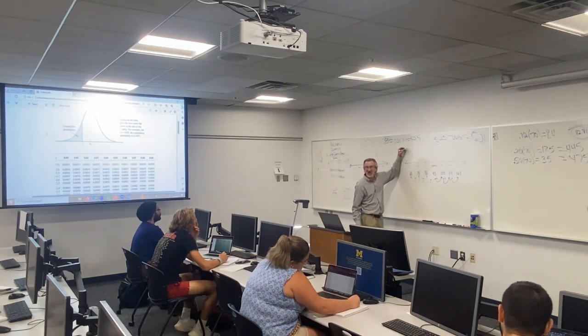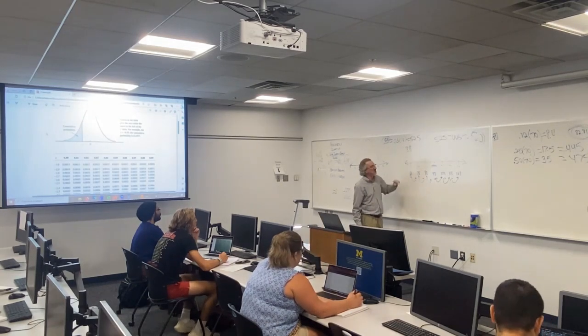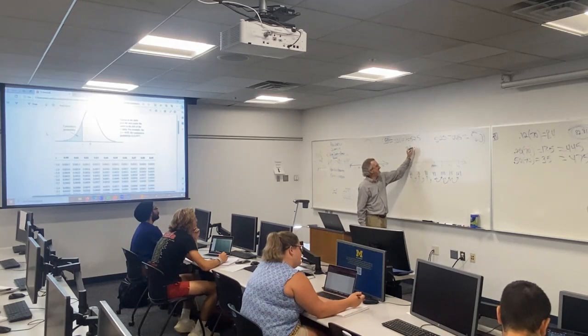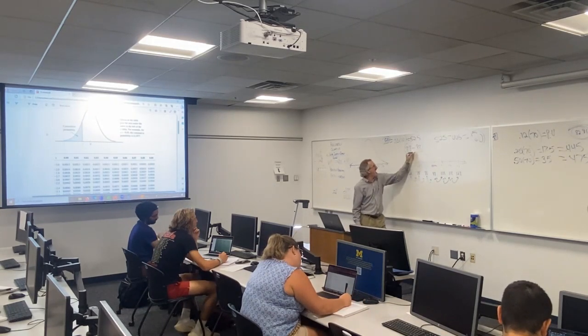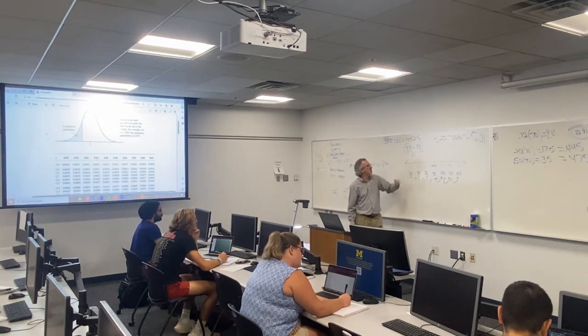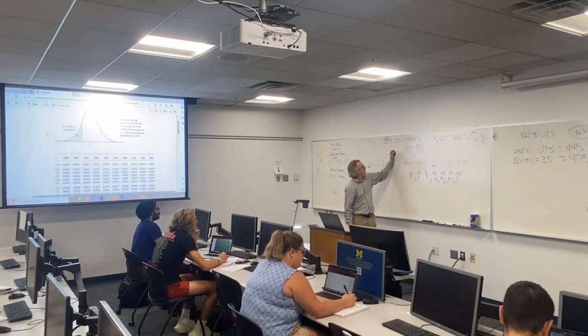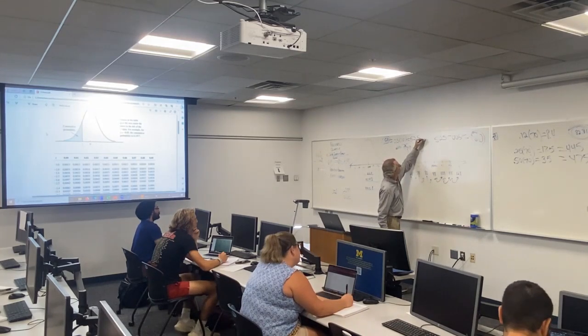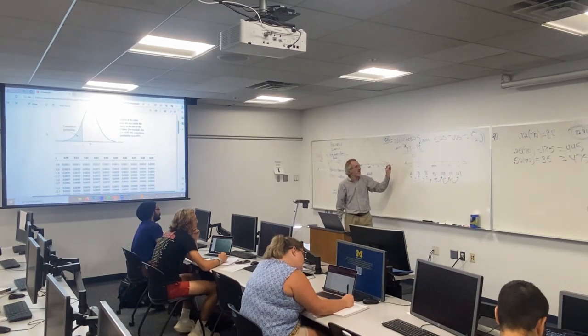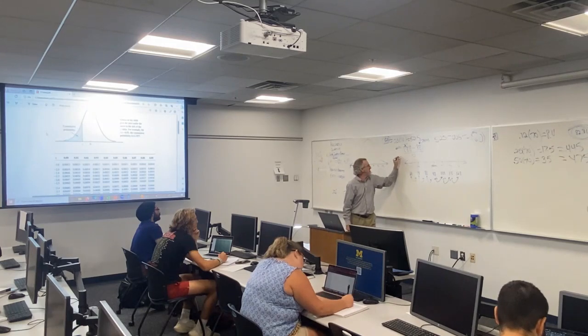It's whatever you're being asked about, 88 or less, minus the mean, 98, divided by the standard deviation, which is 10. Whatever you're being asked about is right there. The mean, use parentheses because you've got to subtract first before you divide, and then divide by the standard deviation.